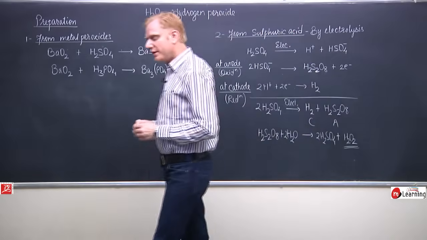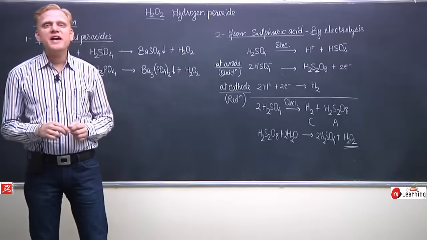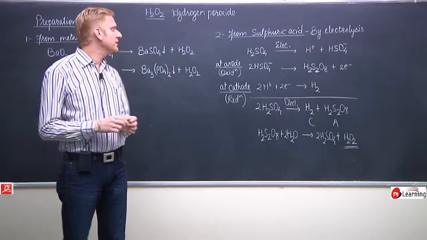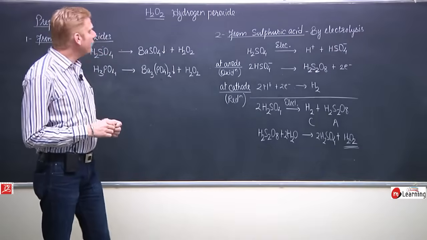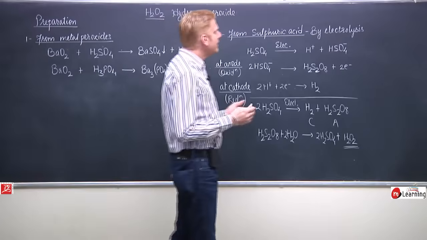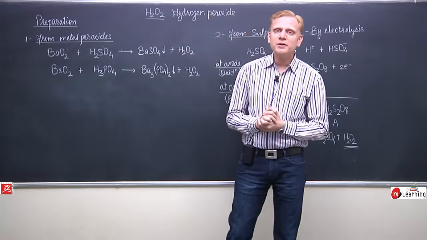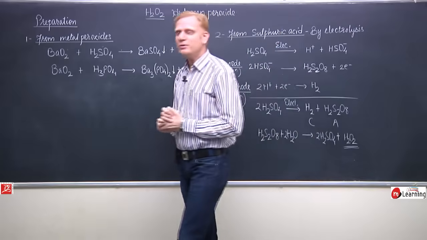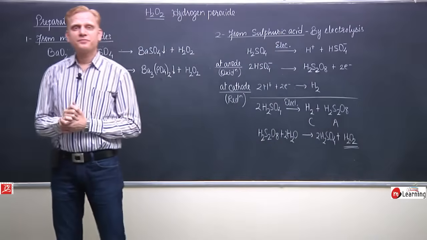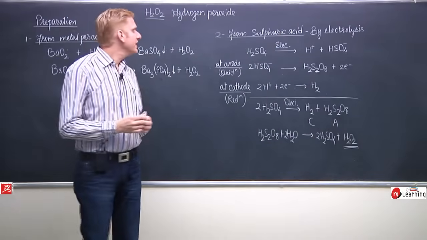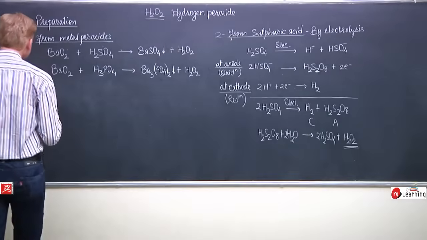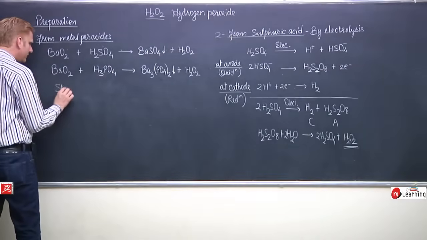Now, related to its properties, we have to talk about the things in detail. Before coming to any other property of hydrogen peroxide, let us talk about its structure. Here I draw the structure of hydrogen peroxide.